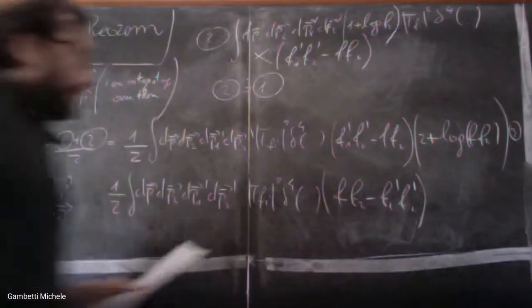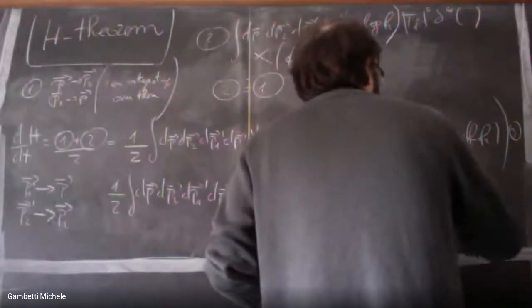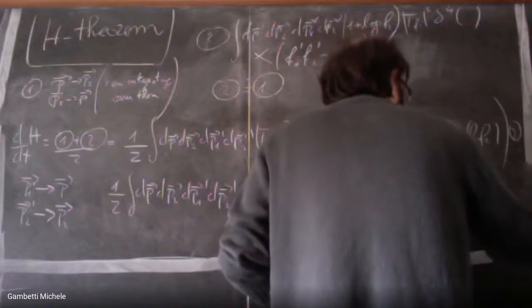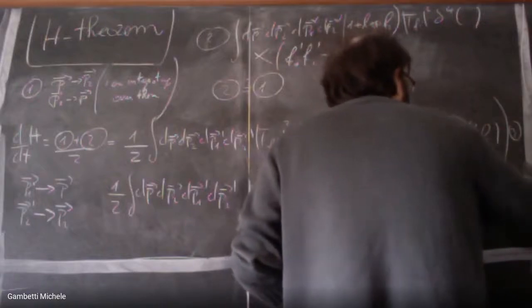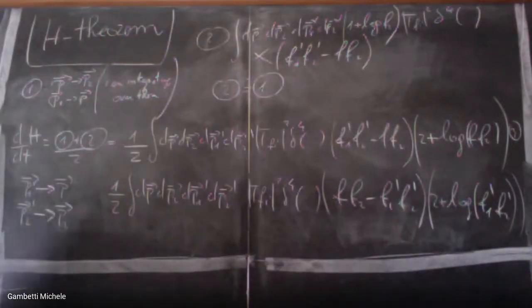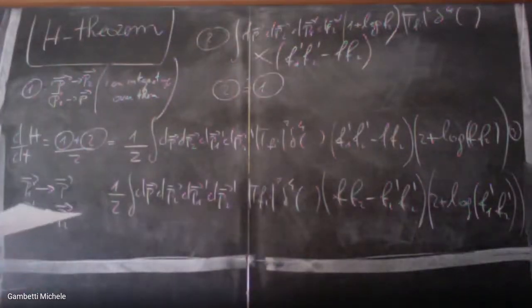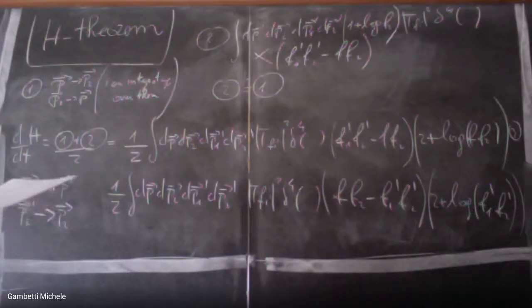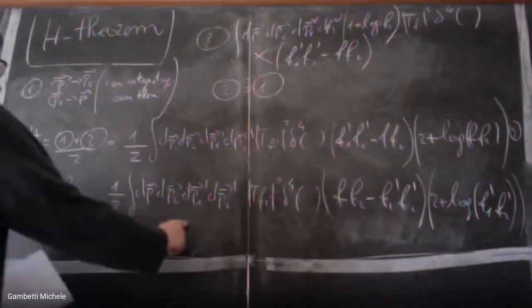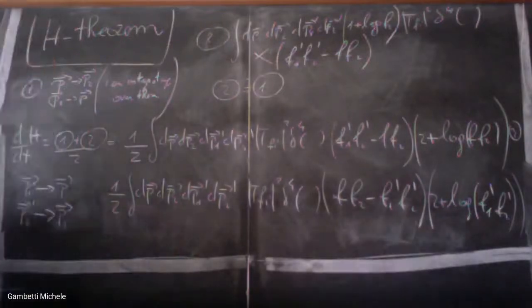And what I have there is 2 plus log of f1 prime f2 prime. Let me check if everything is correct. And let me call this final expression 4.